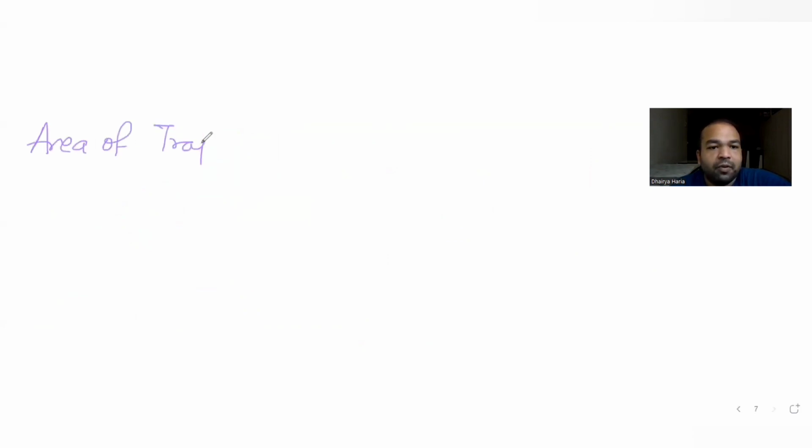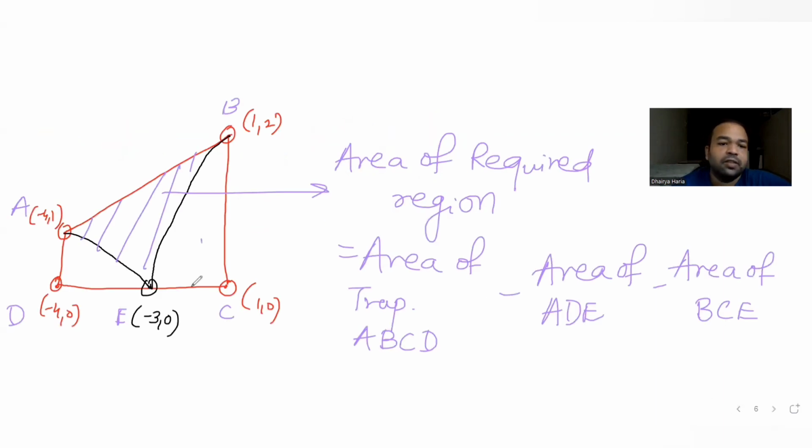So if I find area of trapezium, it's half into sum of parallel sides into height. If you want to find out, I can see these are the parallel sides. This side is of length 2 units, this is of 1 unit. This is because we are just finding the difference between the y coordinates in both the cases, since these are parallel.